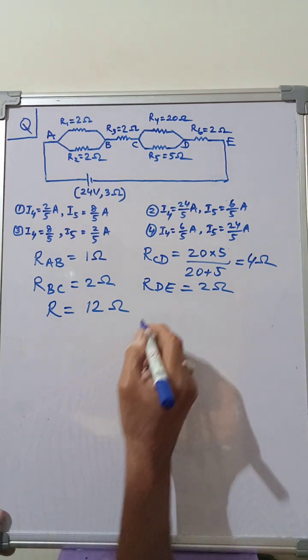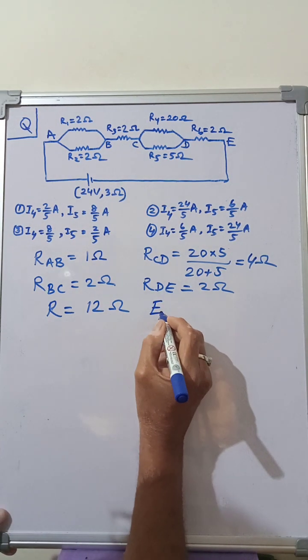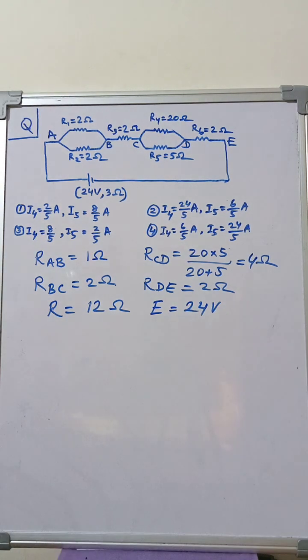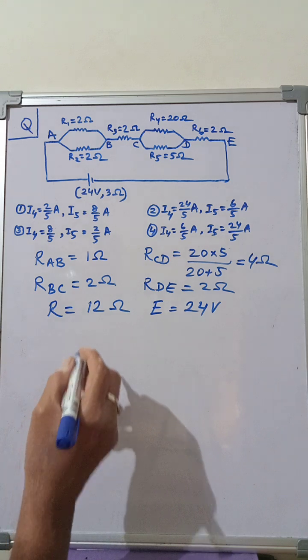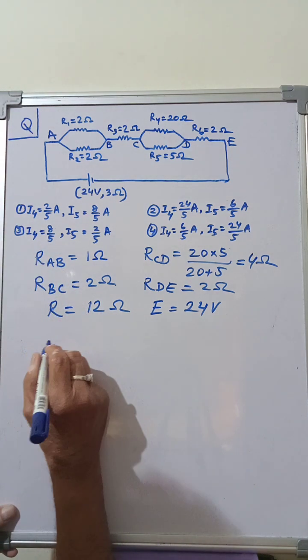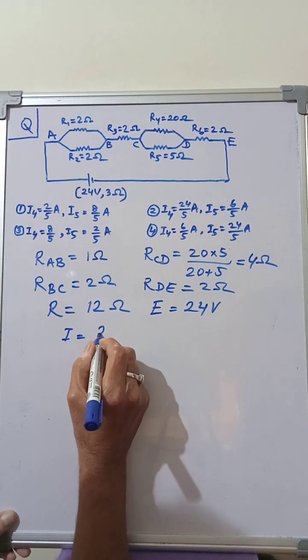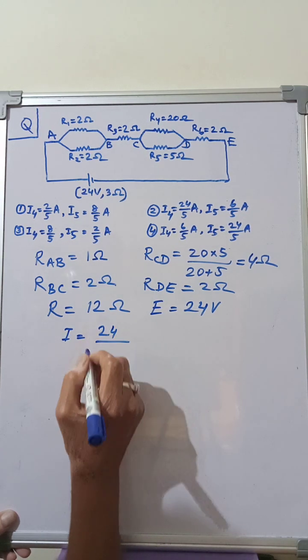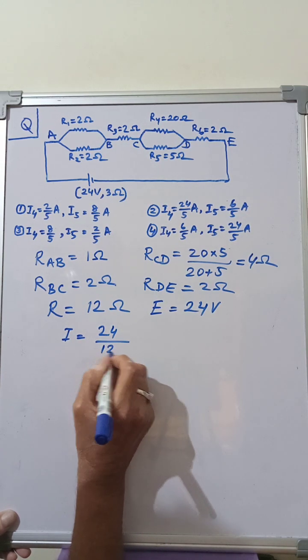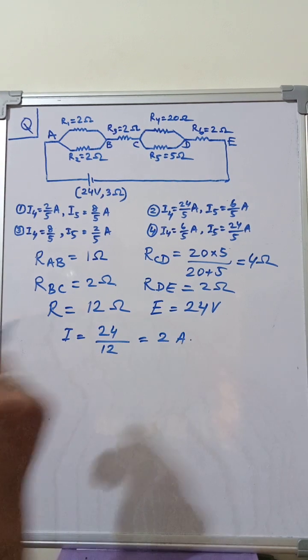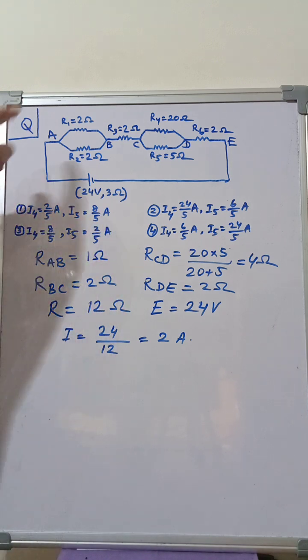And EMF of the cell is given by E equal to 24 volts. Therefore, total current drawn from the cell, I, is equal to E, that is 24, divided by total resistance, this is 12, which is equal to 2 amperes, the total current drawn from the cell.